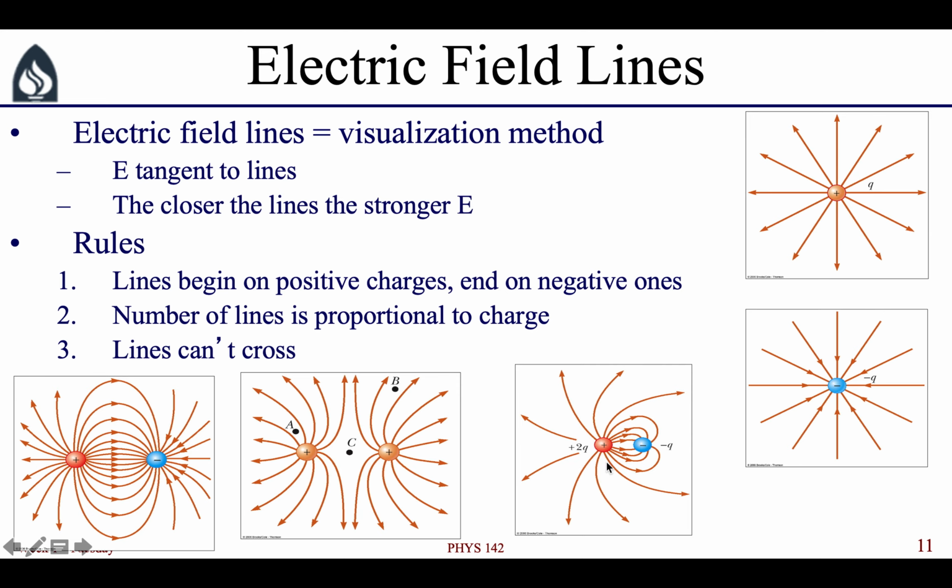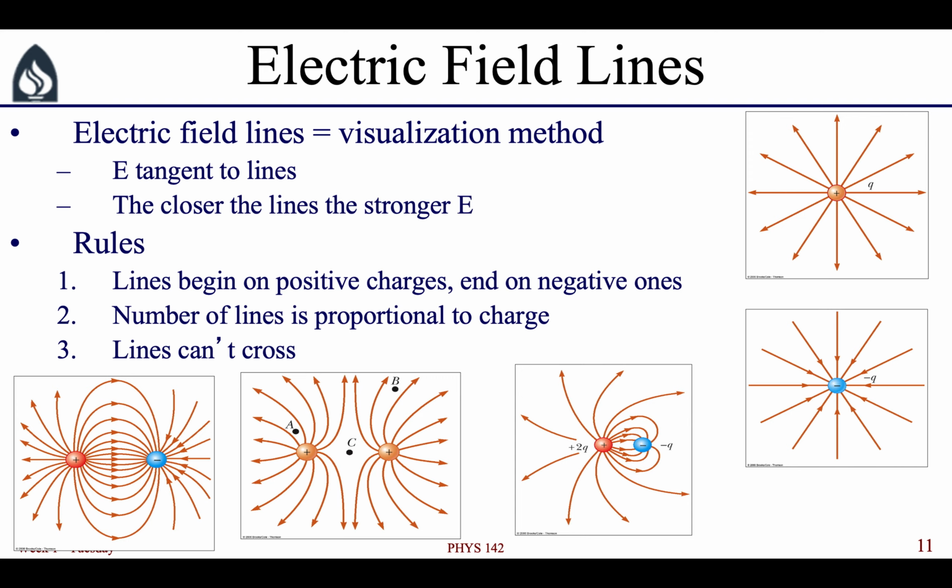And in this diagram, you can see that the red charge has twice the amount of the blue charge because if you count the lines, the red charge has twice as many lines touching it as the blue charge does. Finally, lines cannot cross. If they did, what direction would the electric field be? If you had two lines that are crossing, that would be very ambiguous as to which direction the electric field actually points.